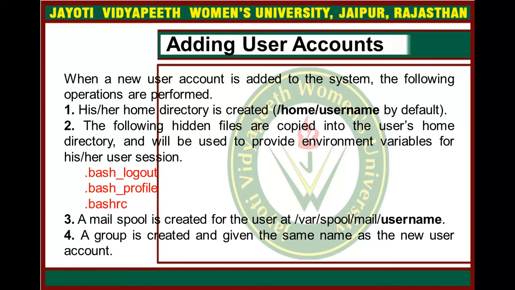Same for here, .bash_logout, .bash_profile and .bashrc. The mail spool is created for the user at /var/spool/mail/username, and the group name is created and given the same name as the new user account.